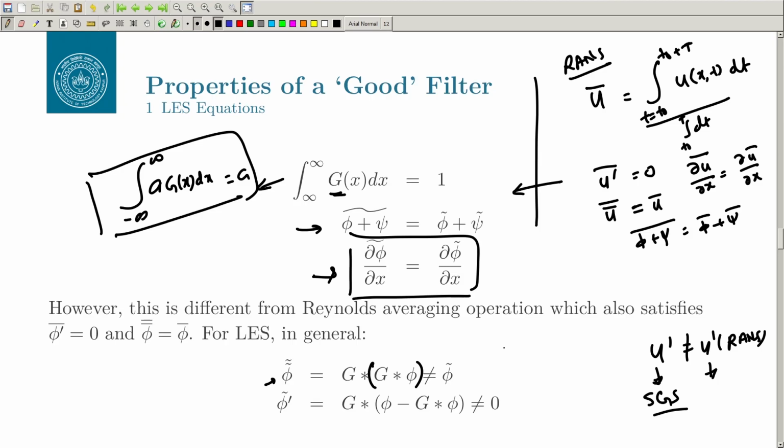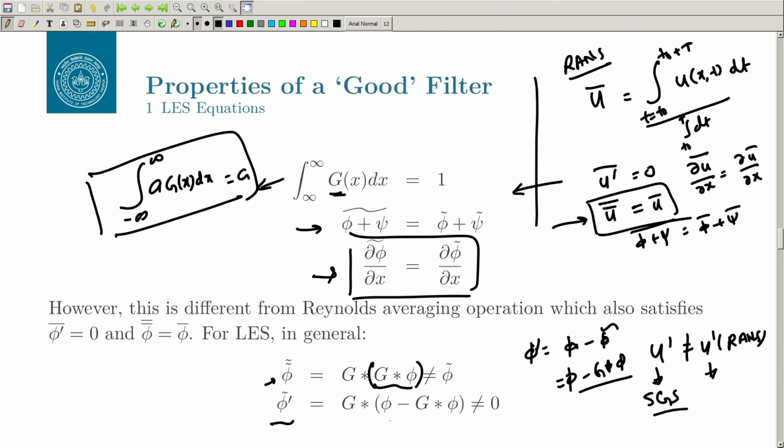In the Reynolds case we had a u bar and then you take another bar, because it is already a mean it will be equal to just the mean, no matter how many times you apply this averaging operation. But in the case of LES, once you filter and filter again, it will be different; a variable filtered twice is different from a variable filtered only once. Using this property, what is phi prime? Phi prime is phi minus phi tilde, which is phi minus G into phi.